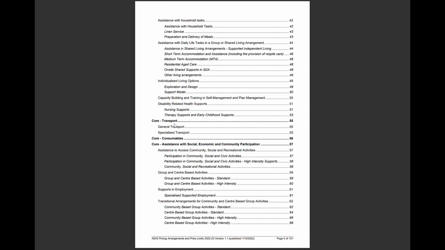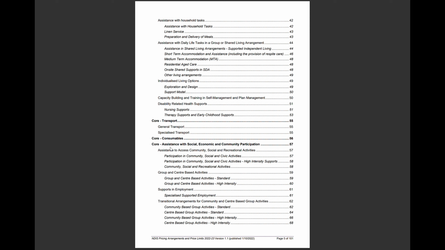More information about transport, for example, consumables, so that might be small items of assistive equipment. It might be continence pads if someone requires that. It might be specialized feeding equipment, those kind of things.